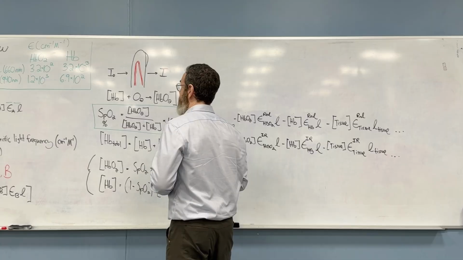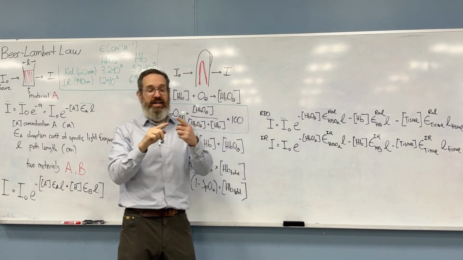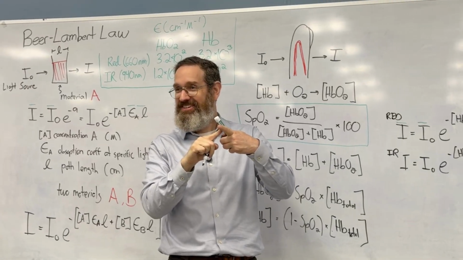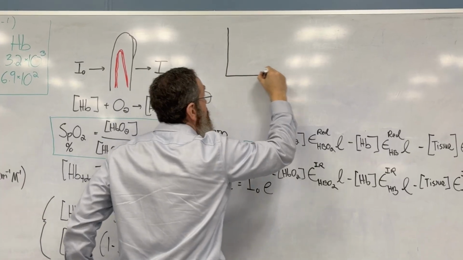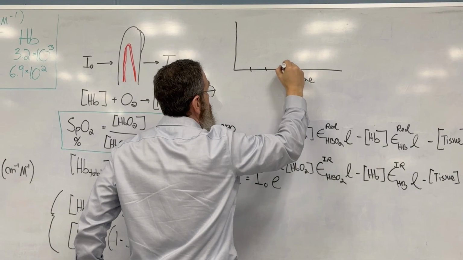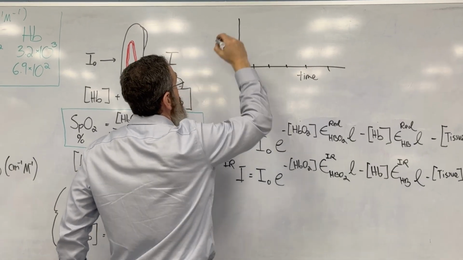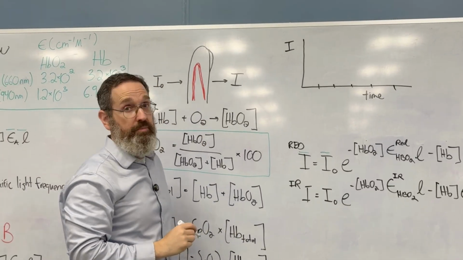I want to go back to what I showed you last time, about what it is you actually measure when you put light through the finger. If you remember, here's time, and here's the amount of light that I see coming out.